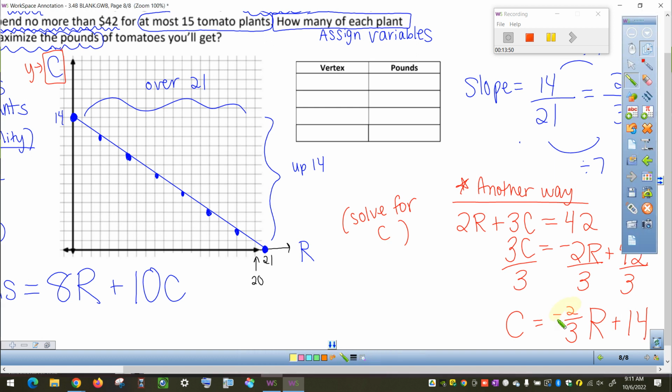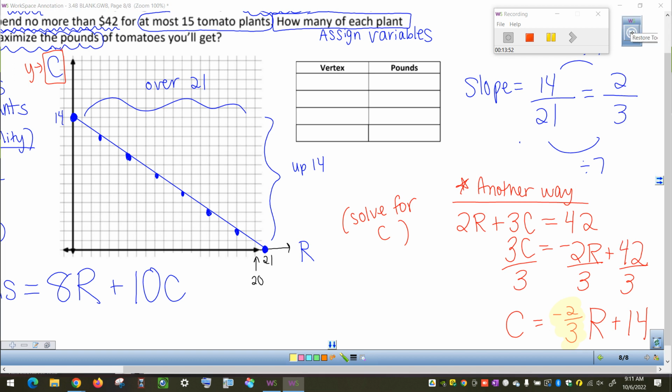So this is the piece that we're paying attention to. Like, what does that fraction end up being in front of our other variable? And that would be another way to use our slope to get from one point to the next. All right, so either way, however we do this, it's going to be really valuable to at some point find the slope so that we can get these other points along the way.